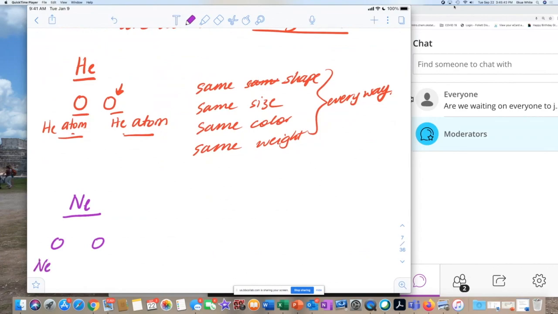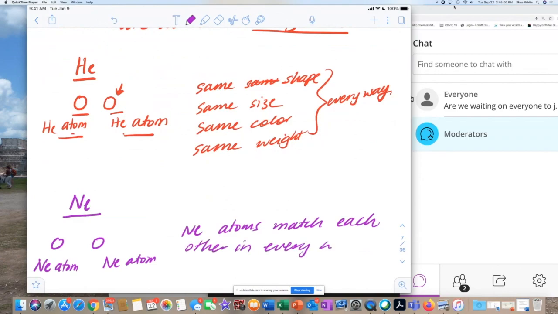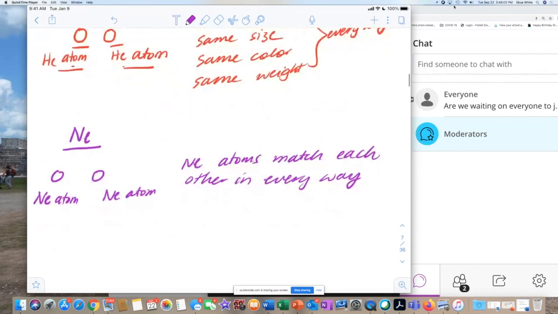While these neon atoms match each other in every way, they are different from helium.